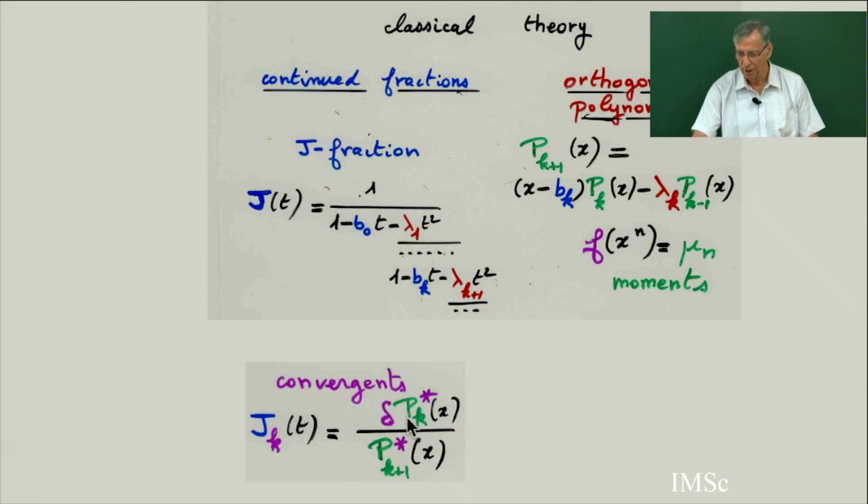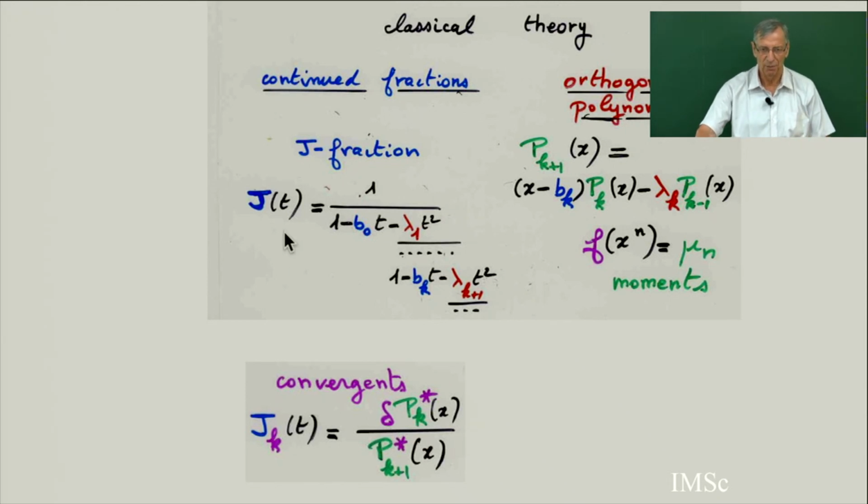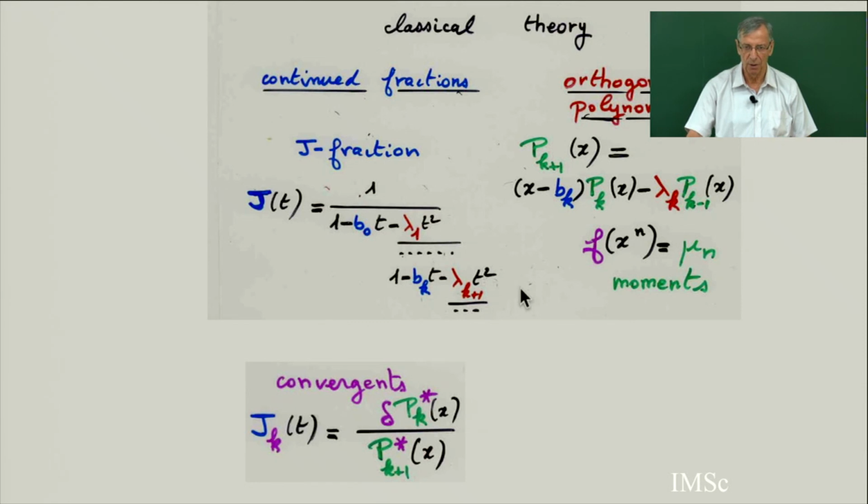You see they appear as reciprocals of the numerator and denominator, especially this one, the denominator, of the Jacobi fraction. When you cut the fraction, this infinite continued fraction can be approximated by this rational fraction. The more you go, the higher the level you cut at, the better the approximation, in the sense of analysis, of the generating function J of t. So this is the first relation between these orthogonal polynomials and this continued fraction.